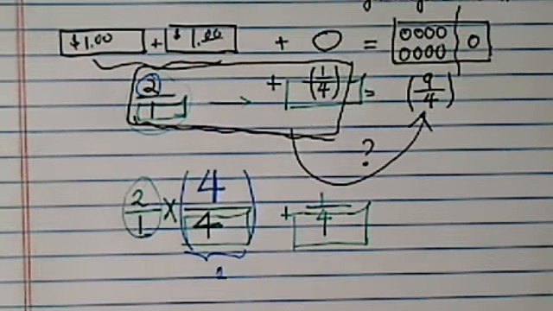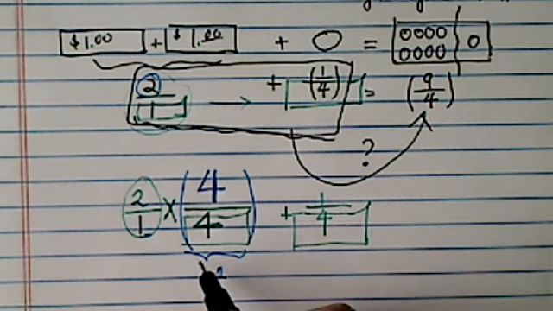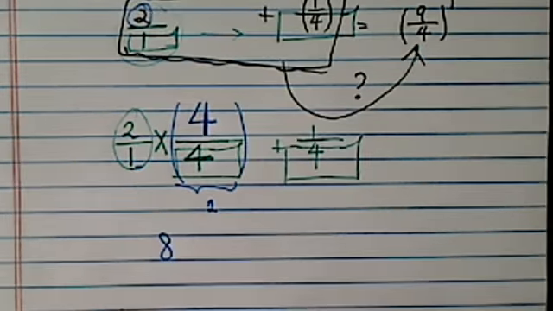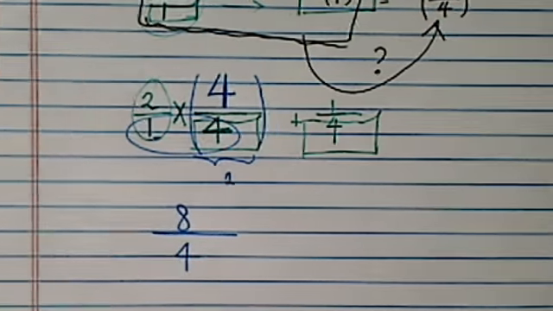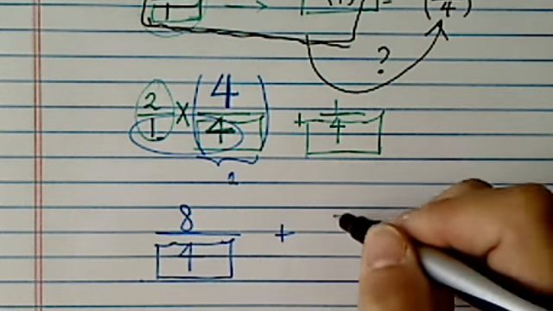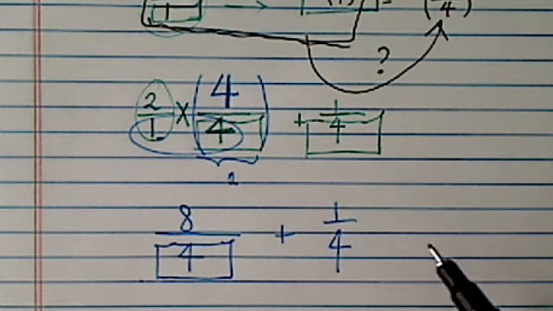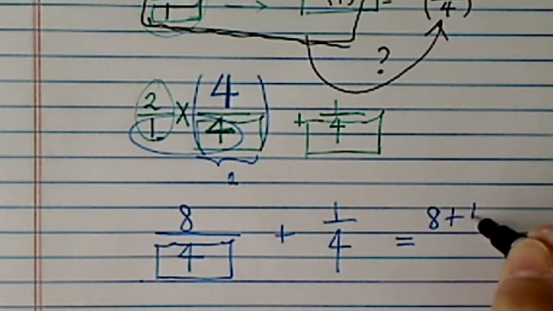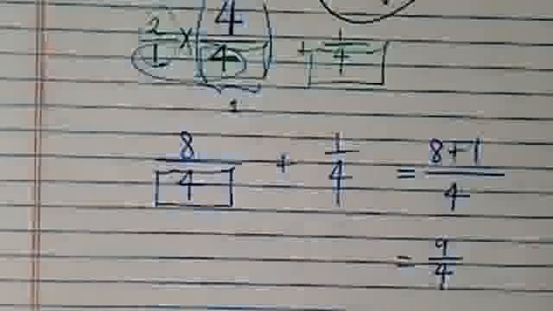However, this 1 is a magic one in that I can change form. I can make it a 4 over 4. And why do I want to do that? Because 2 times 4, now I have 8. 1 times 4 on the bottom, now I have a 4. It's the perfect boat I wanted, because now I have the same boat as the one I had on this side. 8 over 4 plus 1 over 4. Now I can officially add, because I do not touch the boat on the bottom. And what do I end up with? 9 over 4, just the way we want it.